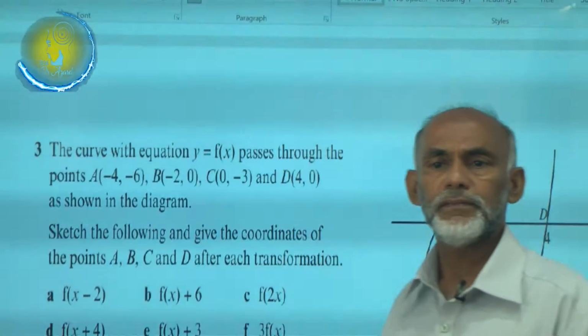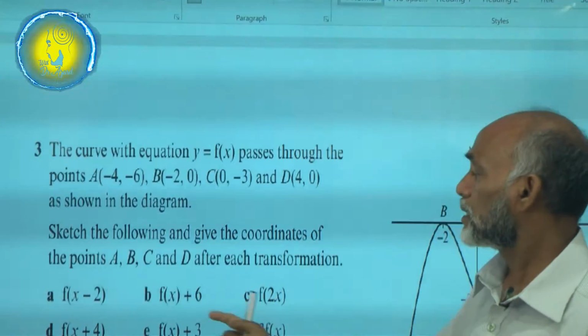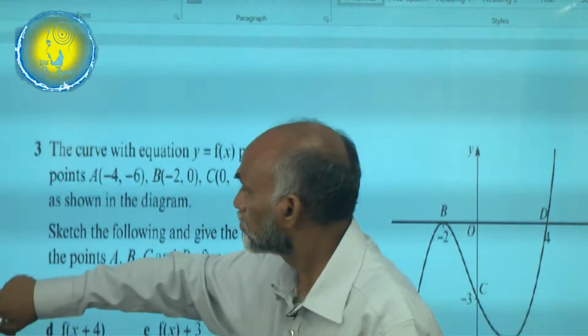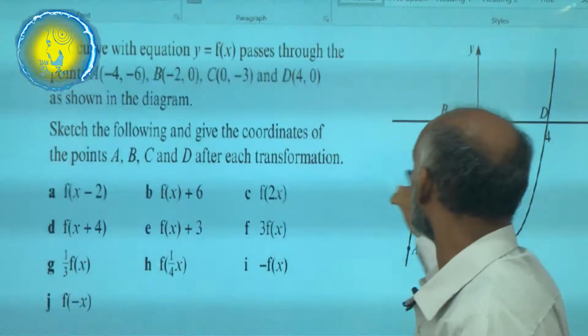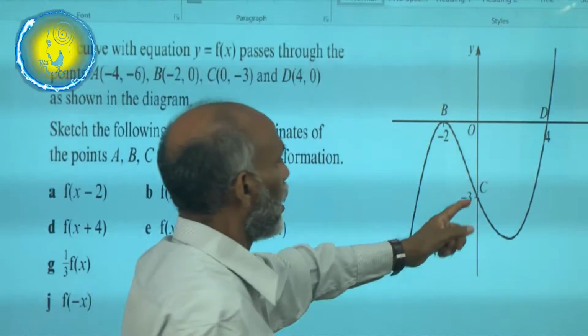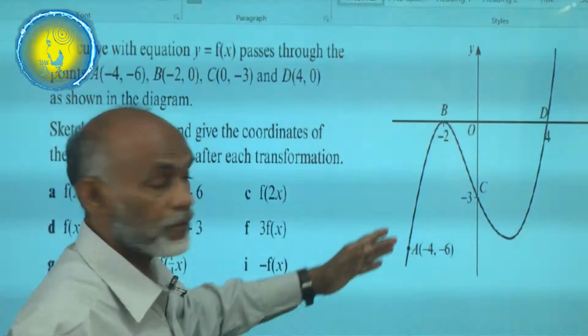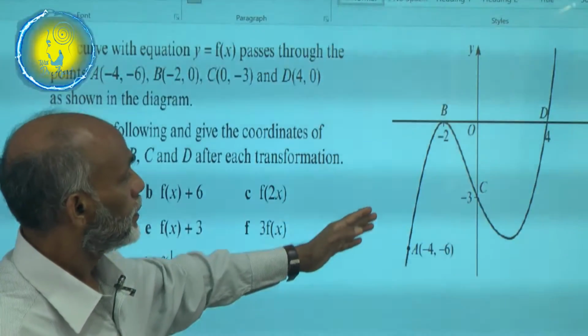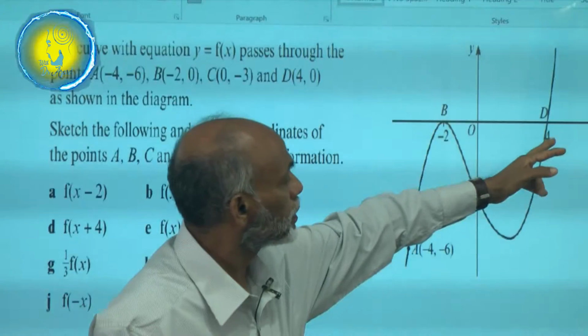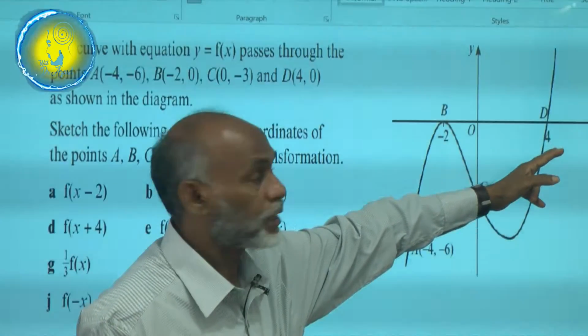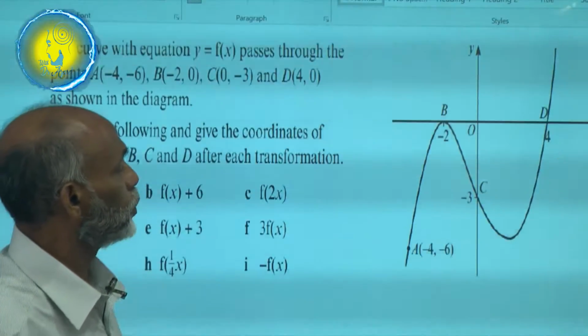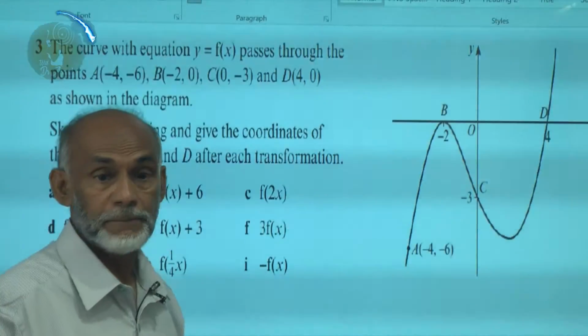We will be studying several situations. The same cubic graph has 4 coordinates and 2 roots, x equal to 4 and x equal to minus 2, with a y-intercept of minus 3.